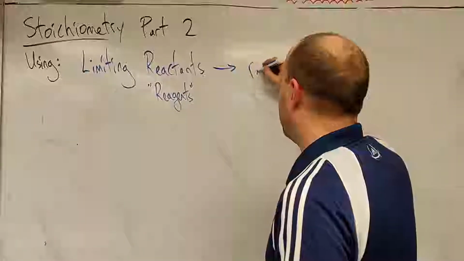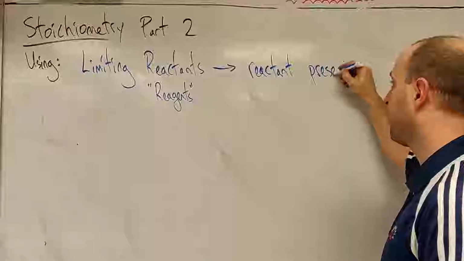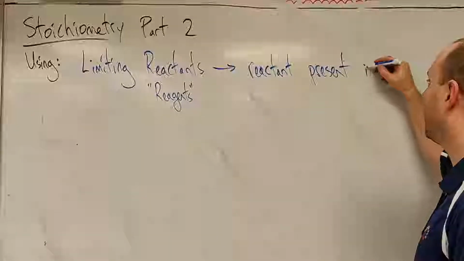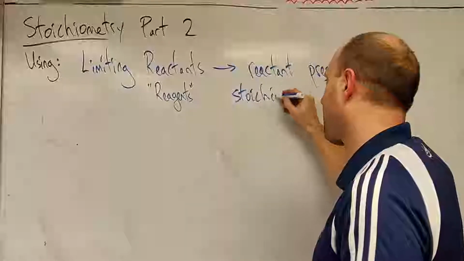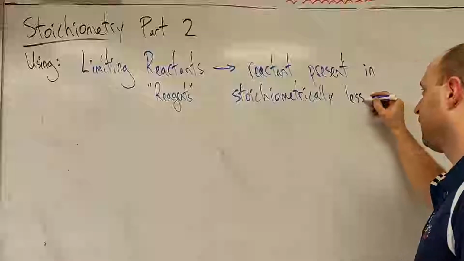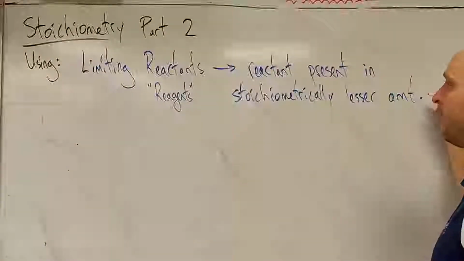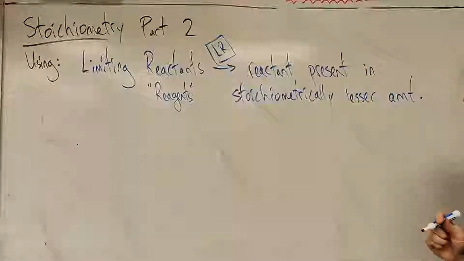So it's the reactant present in stoichiometrically lesser amount. I'll abbreviate limiting reactant as LR from here on out to save some time.